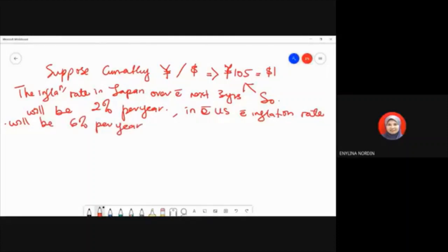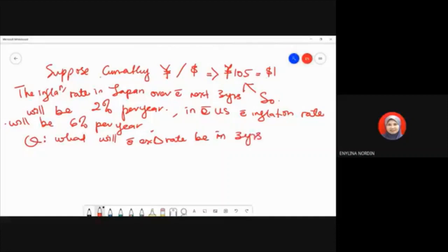Okay, so based on the relative PPP, that means using PPP, what will the exchange rate be in 3 years? So the question is, what will the exchange rate be in 3 years?